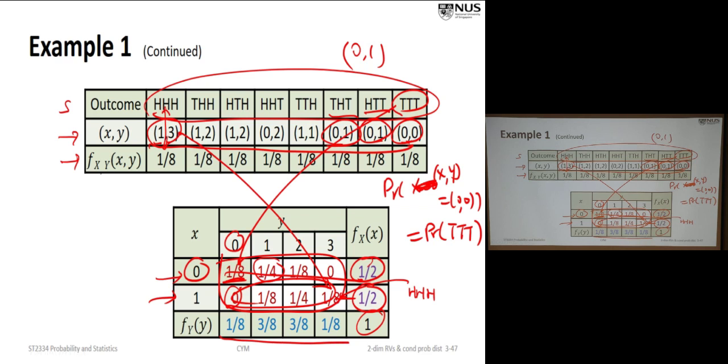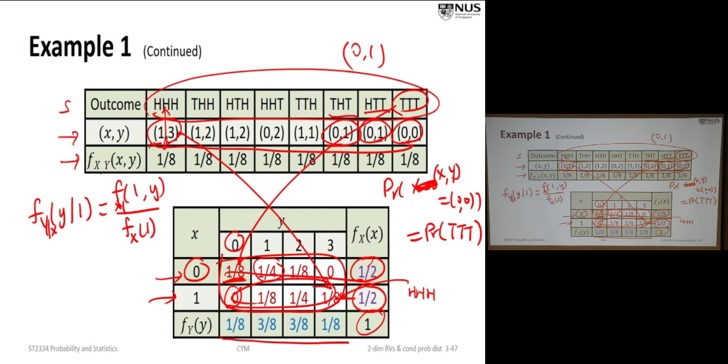So we got the joint distribution, we got the marginal of X, marginal of Y, and what we are supposed to find? We are asked to find f of Y given X equal to 1, right? So by definition, it's equal to f of X, Y, with X equal to 1, Y, and then divide by f of 1.